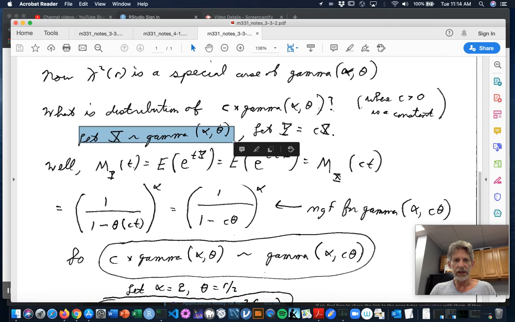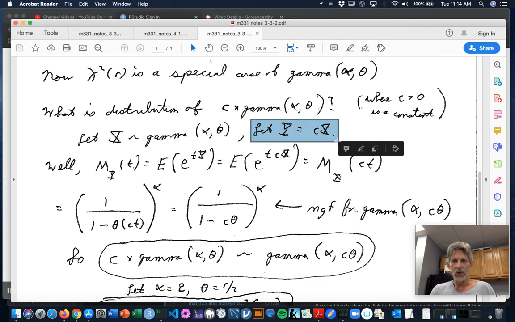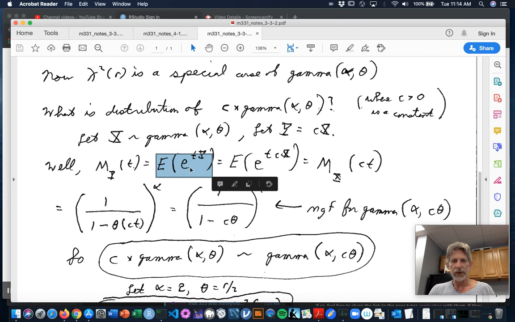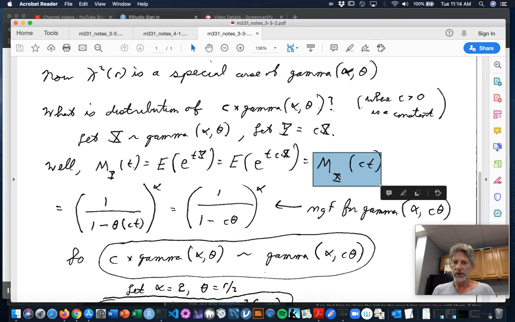So we let X be gamma alpha theta. Let's let Y be c times X, and we need the moment generating function for Y. So it's the expected value of e to the tY, which is the expected value of e to the c times capital X. And so that's the moment generating function of X at the value ct.